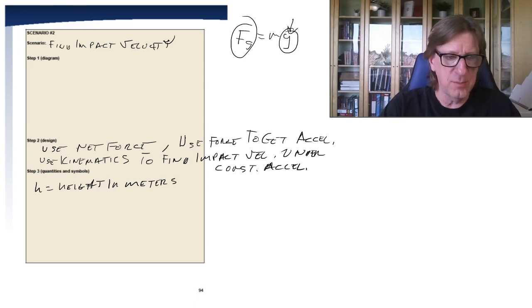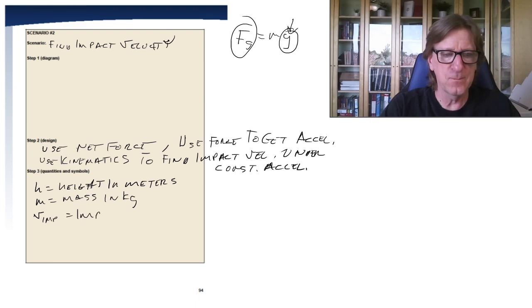And I know that my mass, m, is going to be my mass in kilograms. Now, if we're going to be thinking about kinematics, we know we're going to have some other variables, but let's go ahead and keep the same symbols that we know so far. So this is going to be my impact velocity. Let's not call it F because we could get confused with that. So we're going to call that our impact velocity, and that's what we want to solve for.